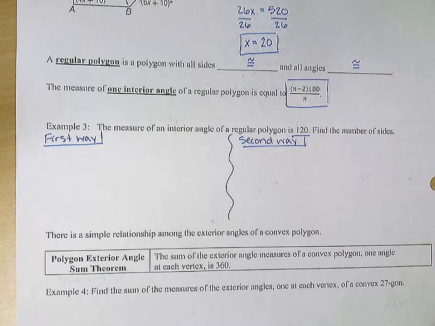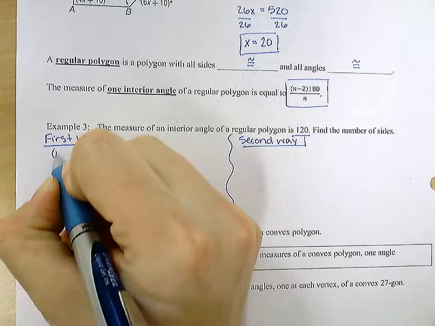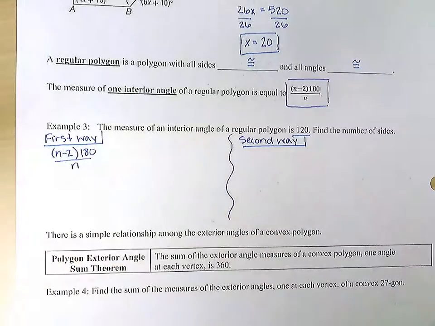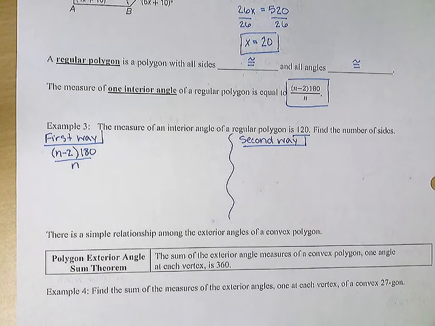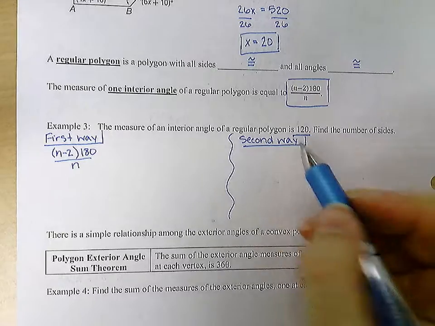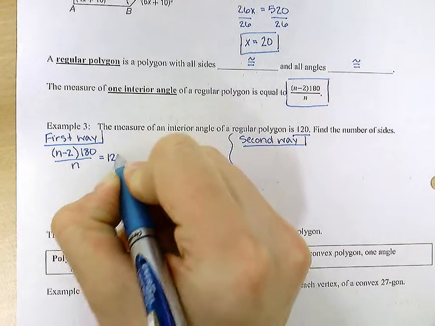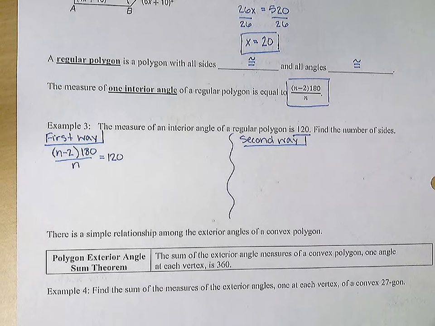Okay, so our first way is using that formula to find one interior angle. So what I can do is take my formula, n minus 2 times 180, divided by n. Okay, that's one interior angle. Since I'm given one interior angle is 120, I can set it equal to 120.